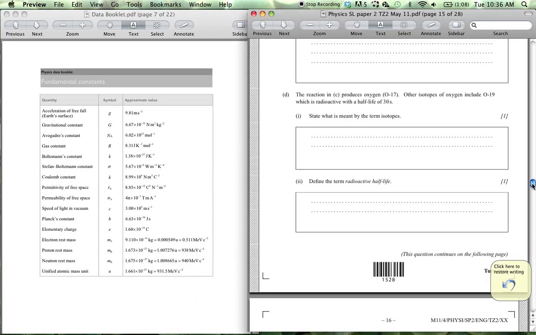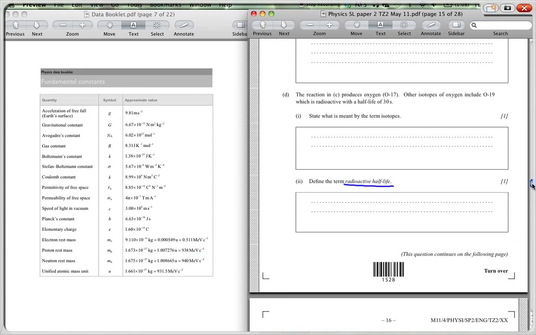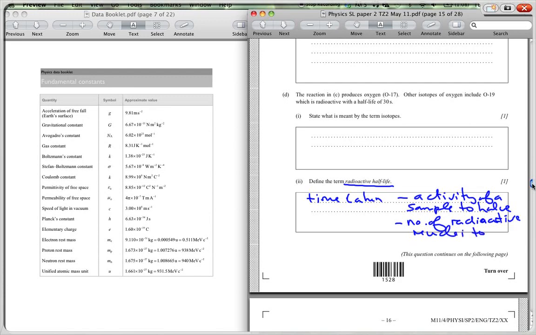Now, let's just have a look at this. Define radioactive half-life. Now, the half-life, the radioactive half-life, is the time taken. So it's a time factor, the time taken for either two things, for the activity of a sample to halve, or the number of radioactive nuclei to decrease by half.